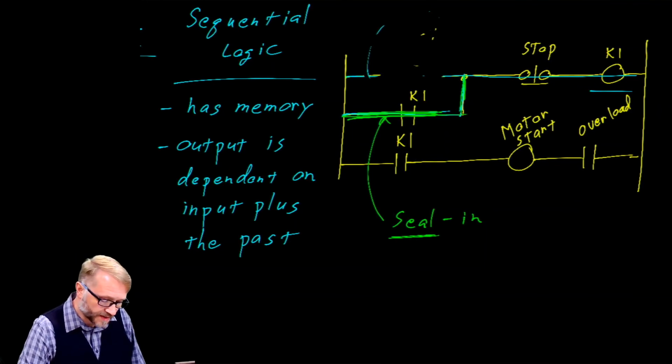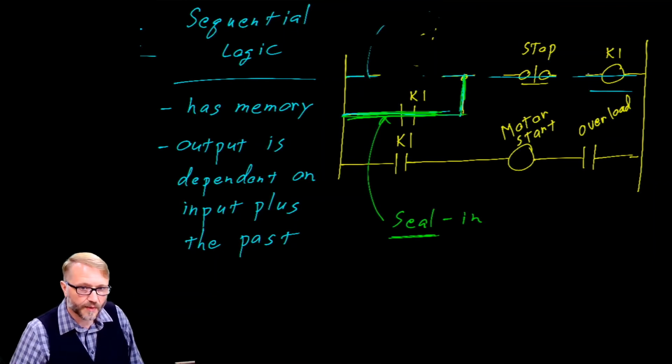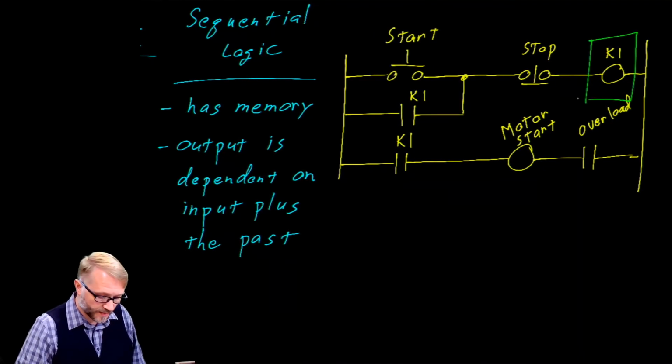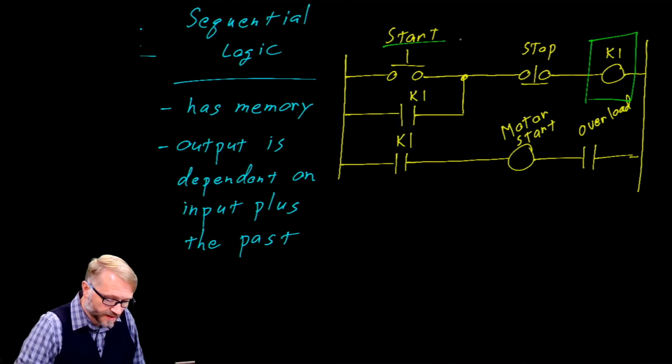When the stop button is pressed, you can see that this line here is broken, which will deactivate K1, releasing the latch. Just remember that K1 is our memory. It remembers that the start button has been pushed, and it will latch itself on via this circuit right there.